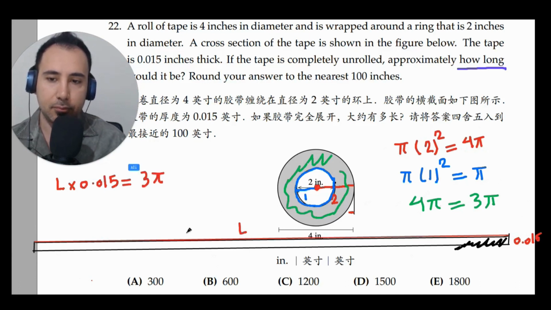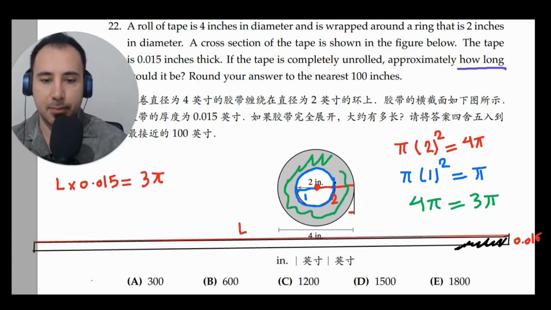Now, to make the question easier, instead of pi, I'm going to use just 3 because this is an approximate question. So this will be 9.